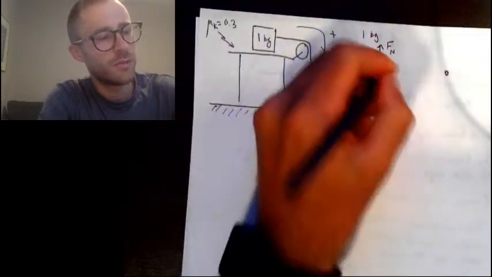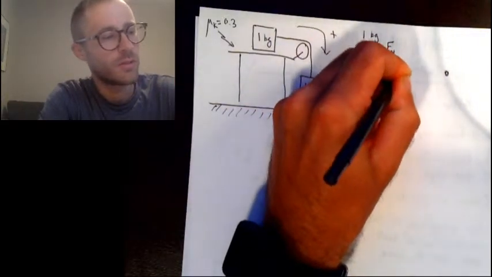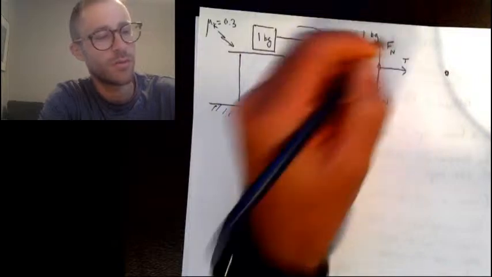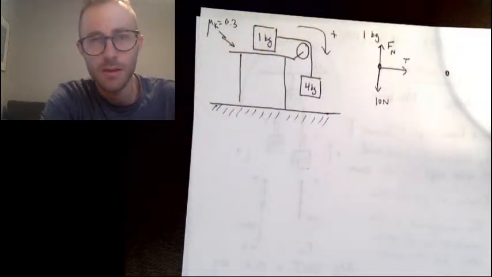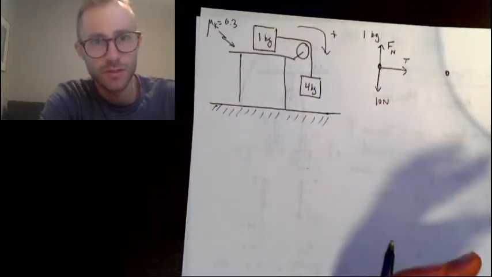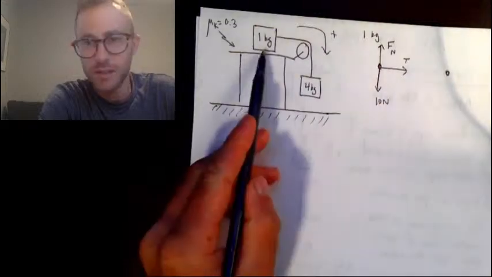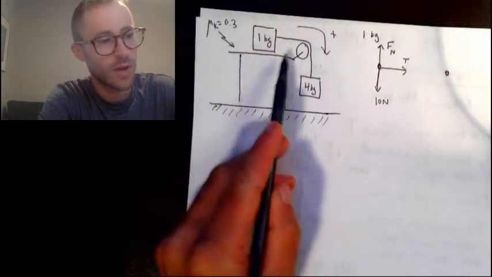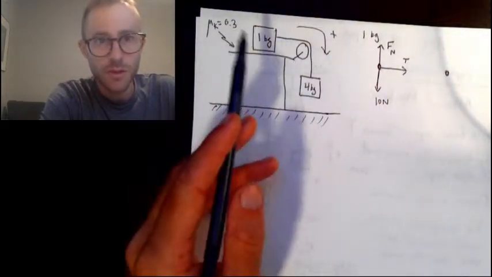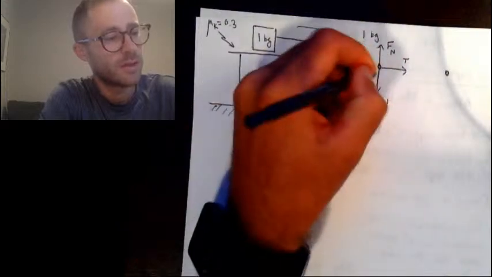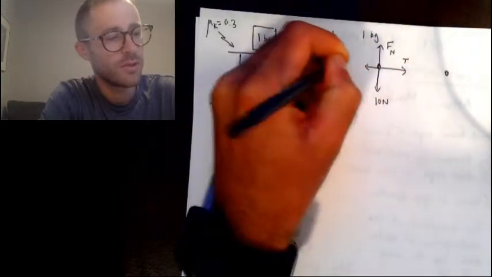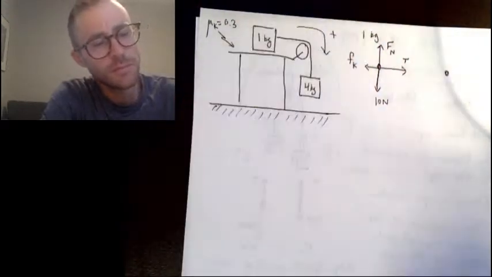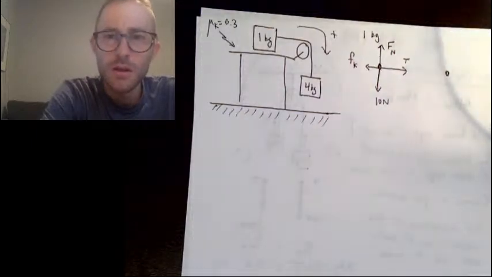There's a tension force pulling the 1 kilogram mass to the right. And because the tension force is going to tend to slide the mass to the right, we are going to have a kinetic friction force to the left. So that's the free body diagram.